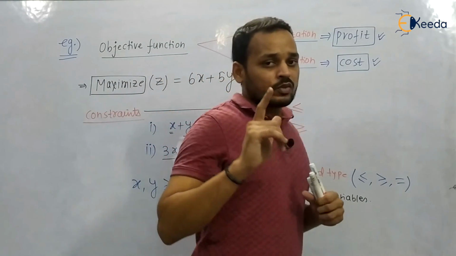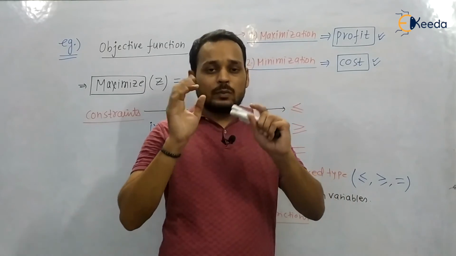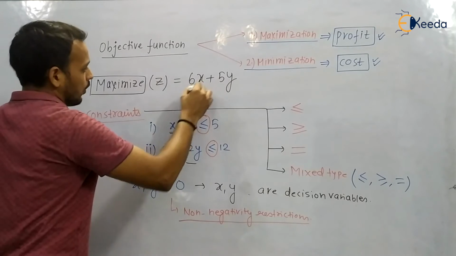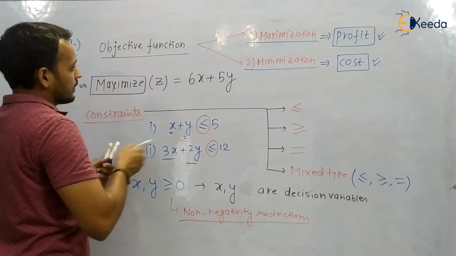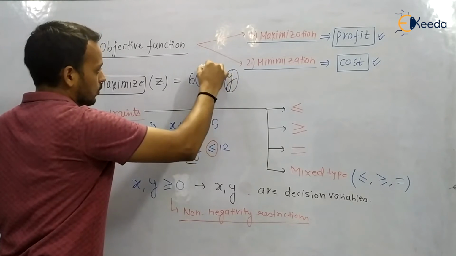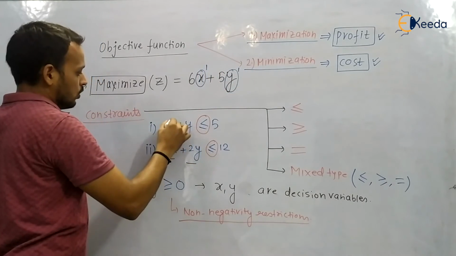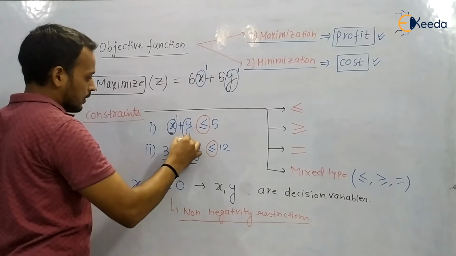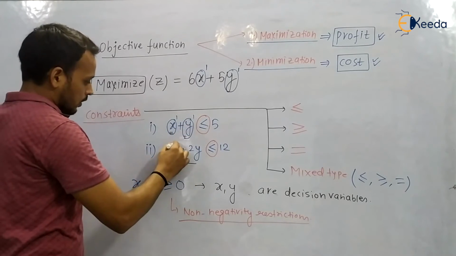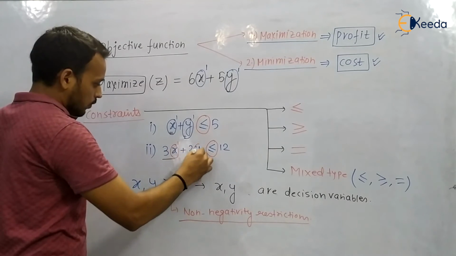We have said that we have to form a linear relationship. You can see that the power of x and y in the coefficients is 1. Power of x is 1 and power of y is also 1.